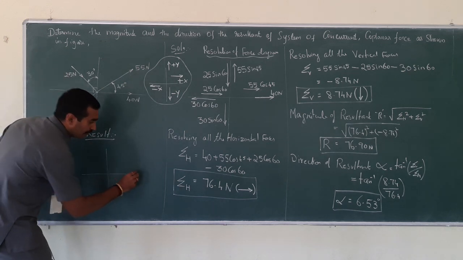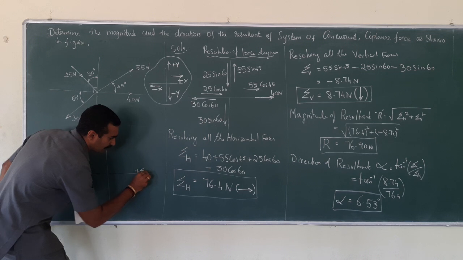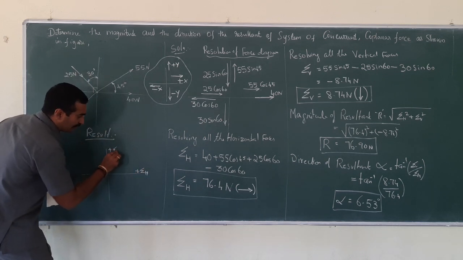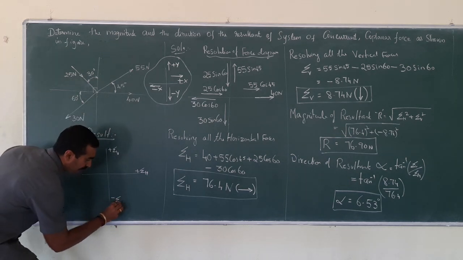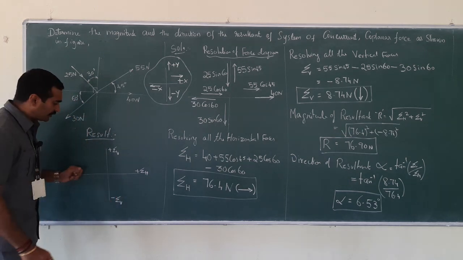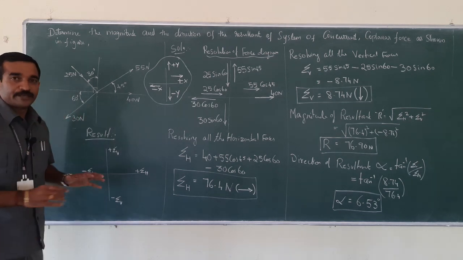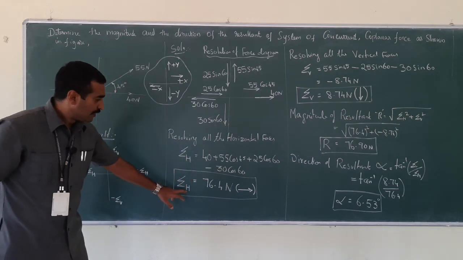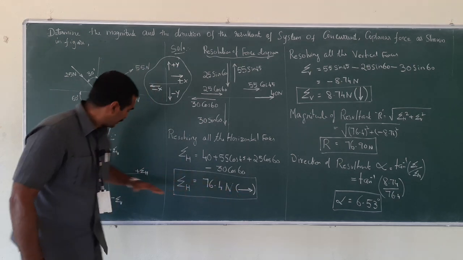So as you know, this is positive summation H value, here positive summation V value. Here it is negative summation V value. What about here? Negative summation H value. Now just look at the answer which has arrived here. Summation H is in the positive direction.